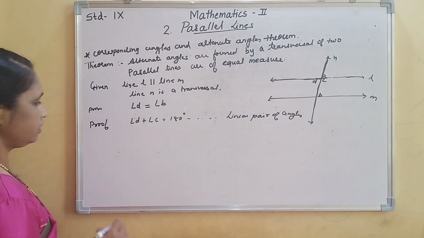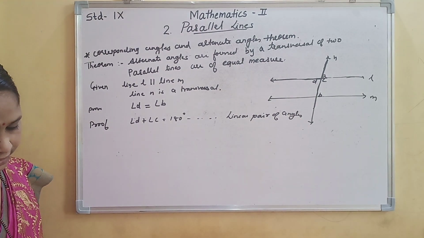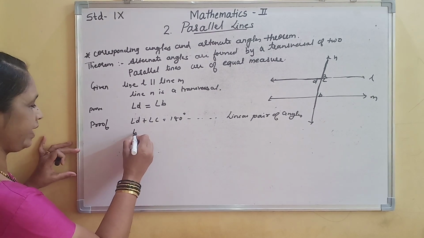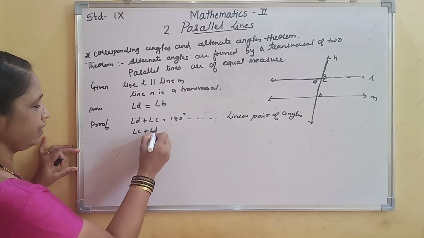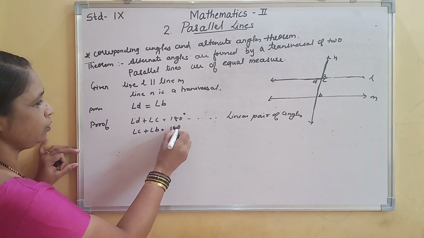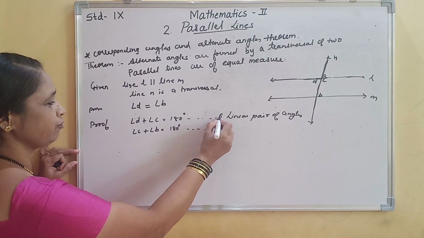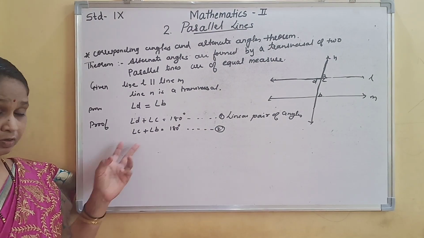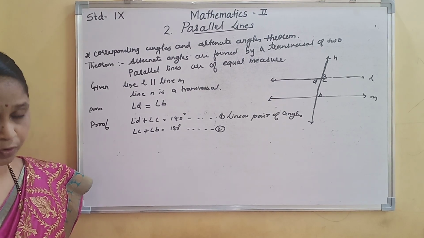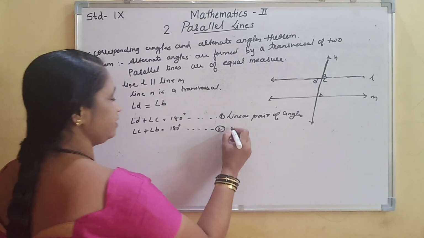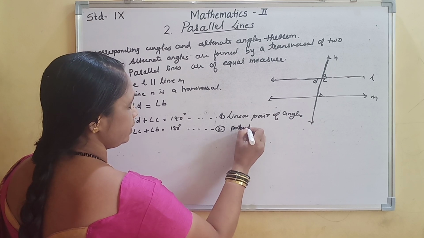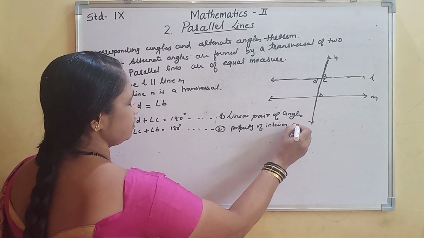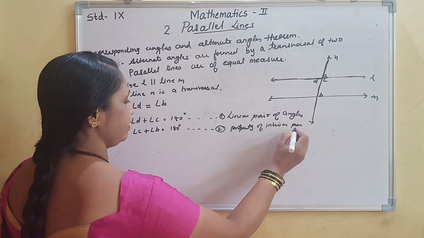Okay. Next, what do we have to consider? Angle C and angle B. Angle C plus angle B is equal to 180 degrees. Why? Because of the property of interior pair of angles.